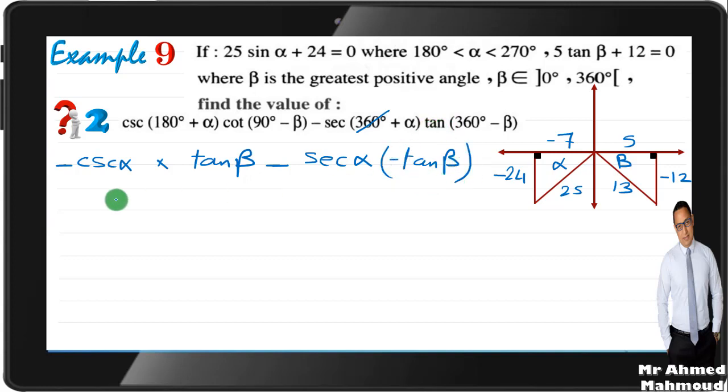be negative tan. Okay, now I'm going to substitute negative cosec alpha. Okay, cosec is 1 over sine. Sine alpha is negative 24 over 25, so cosec is 25 over negative 24. Negative negative is positive, so it is 25 over 24.